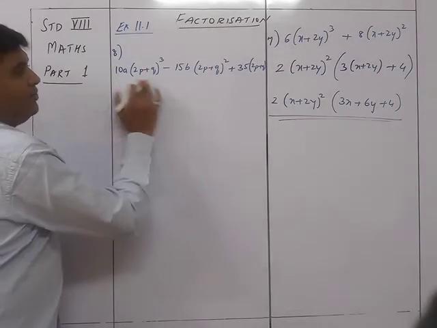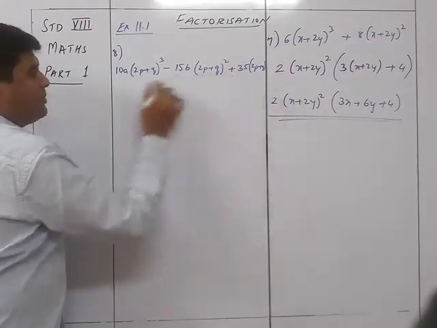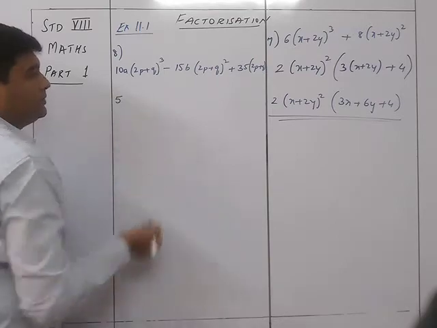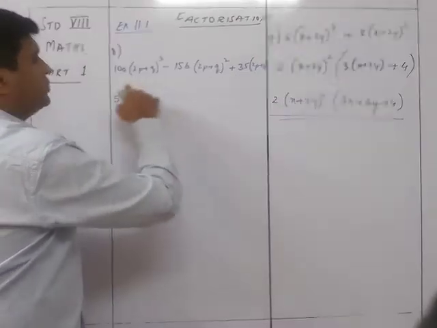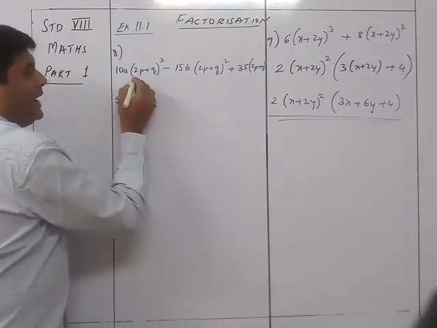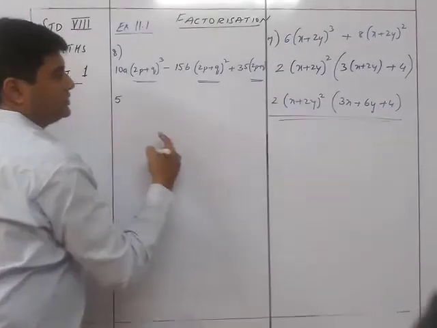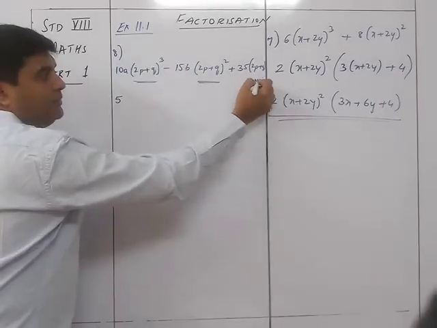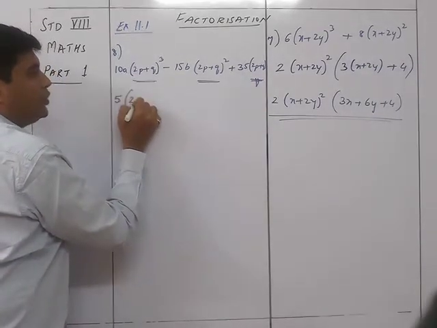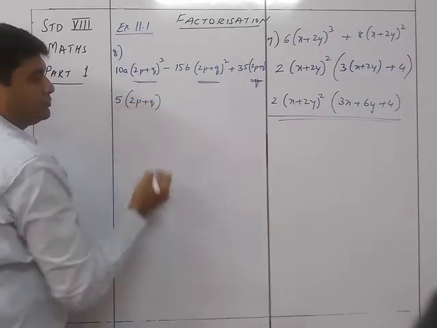So between 10, 15 and 35, 5 is common. A, B and nothing. So nothing is common. Now this is cube, this is square and this is 1. So automatically, this becomes common. So the common part will be 2p plus q.